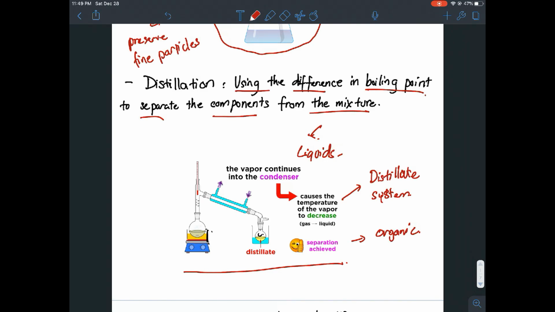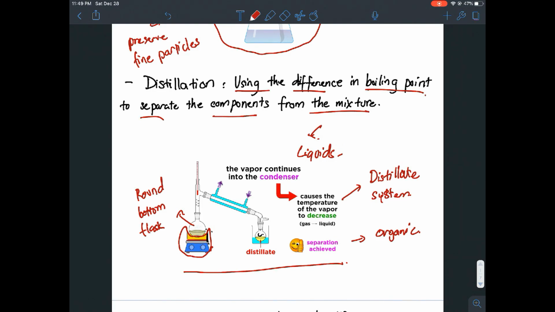As we can see in the picture, we have the hot plate in the bottom, okay? And then we have the round bottom flask containing all of the liquids and the mixture.